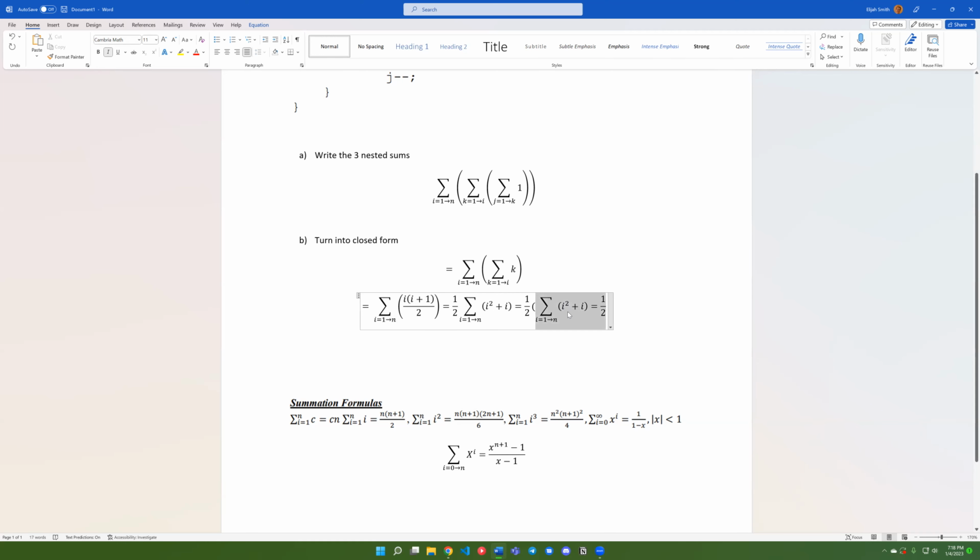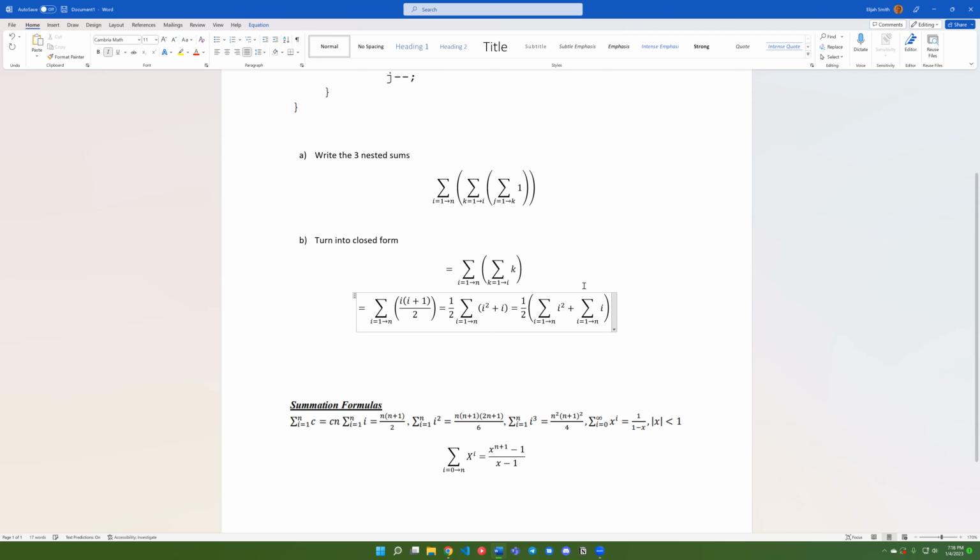So our first summation here, we can keep as i squared. And then our second summation is just going to be of i. And all of this is going to be multiplied by 1/2 in the end.